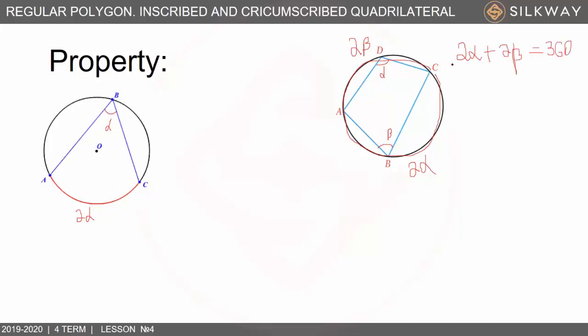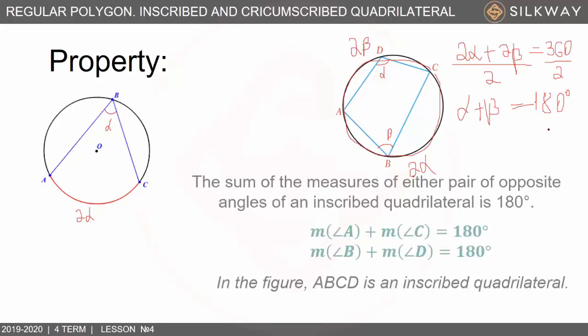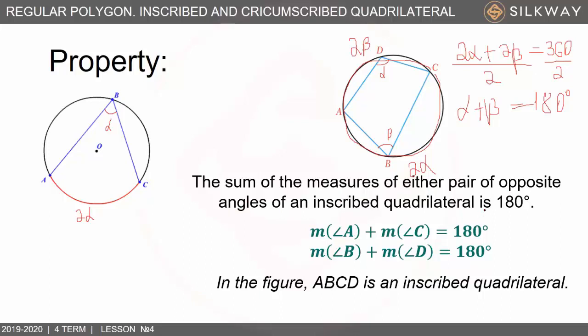And if we divide both sides by 2, here will be alpha plus beta equal to 180 degrees. From this information we can say the sum of the measures of a pair of opposite angles of an inscribed quadrilateral is 180 degrees. Write this formula in your notebooks and learn this.